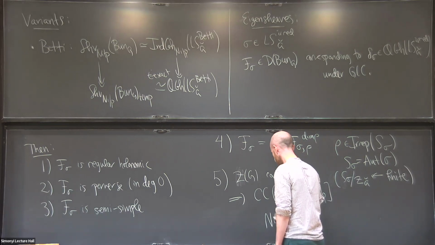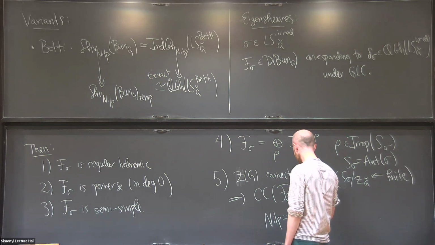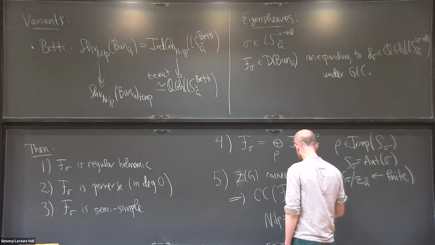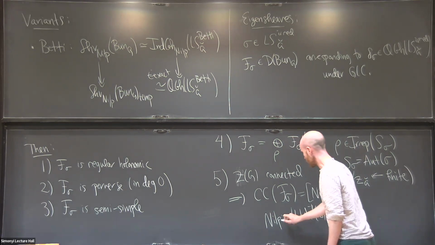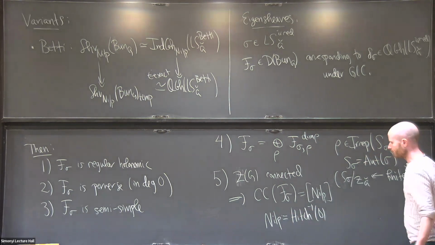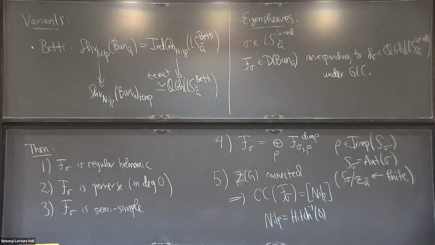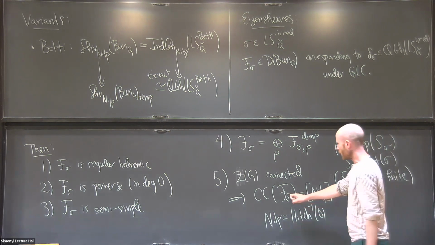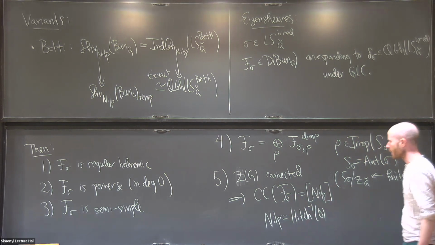So the nilpotent cone is the inverse image of 0 under the Hitchin map. I'm not going to say what it is in detail, but it's just to say that the characteristic cycle is known and given by some explicit formula.